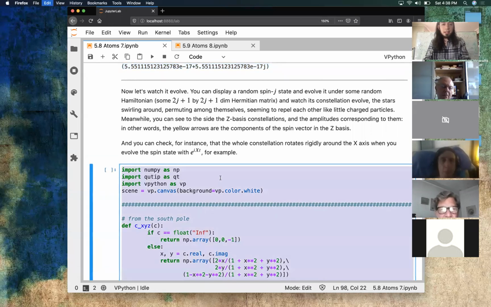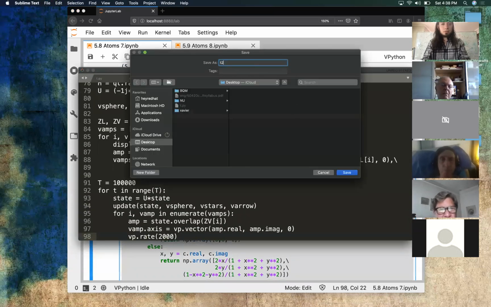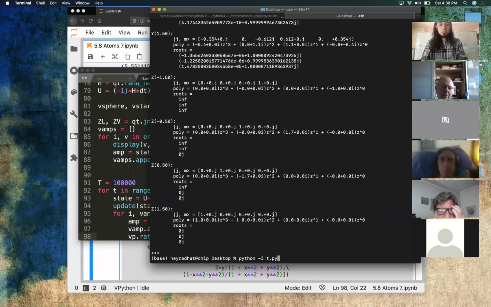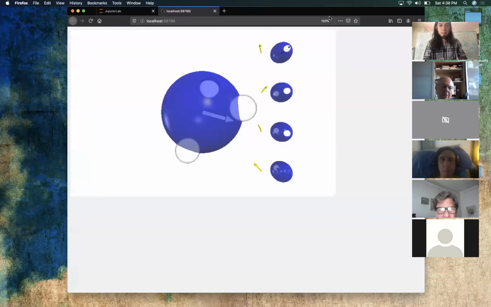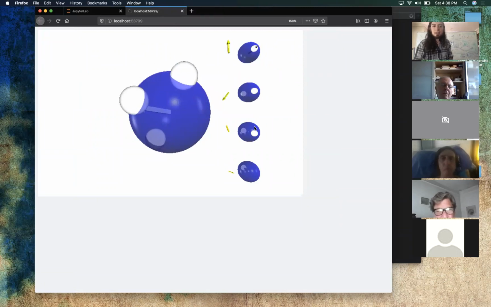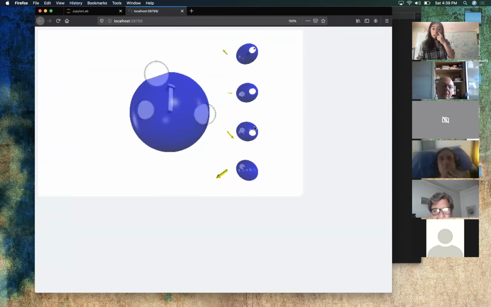Okay, so here's another little visualization. Let's check this one out. What I've done here is I went with the 3/2 state, 3 stars, which is kind of nice. I chose a random spin 3/2 state, and I chose a random Hermitian matrix to be its energy function.